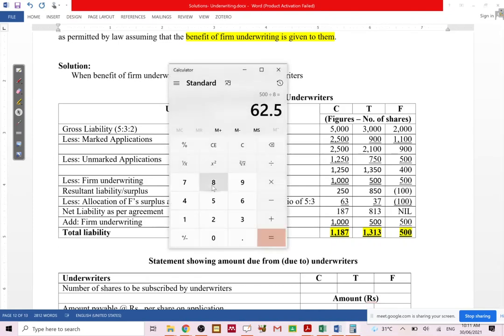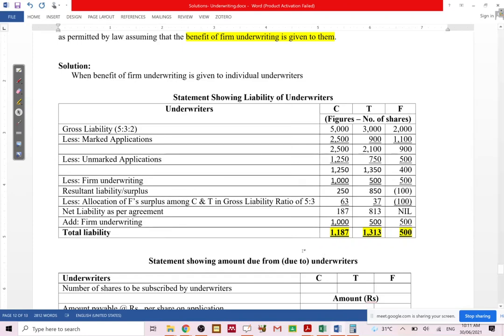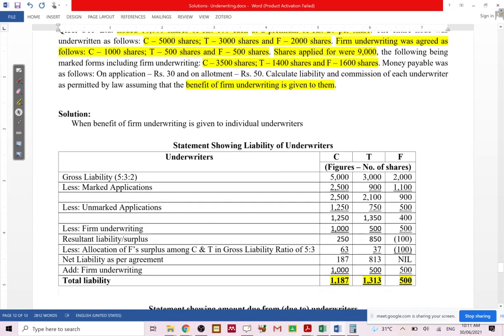Is that clear? Let's see how much this adds up to. 1187 plus 1313 plus 500 is 3000. Okay. So how 3000? 3000 is basically the unsubscribed portion which these three are finally going to take.